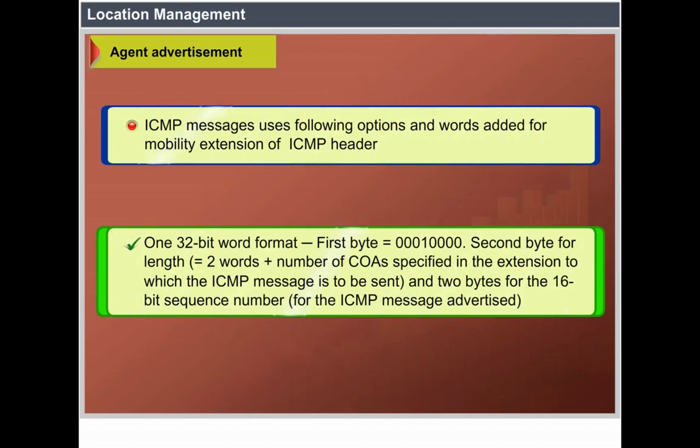First byte is equal to 00010000. Second byte for length is equal to 2 words plus the number of COAs specified in the extension to which the ICMP message is to be sent, and 2 bytes for the 16-bit sequence number for the ICMP message advertised.